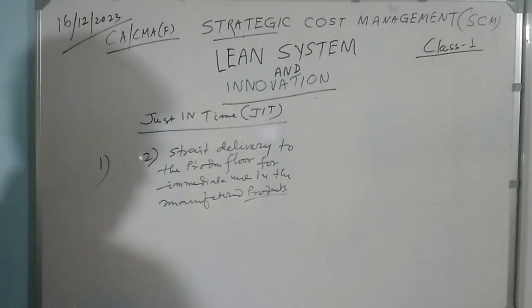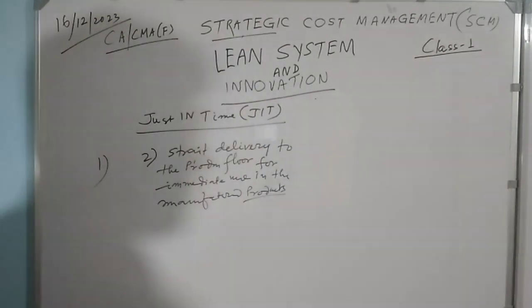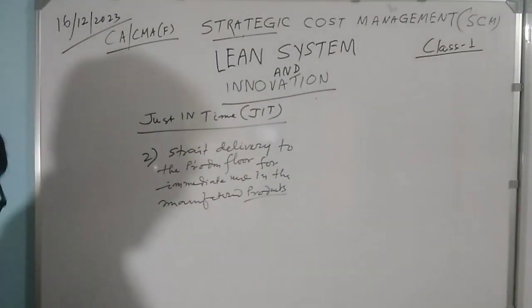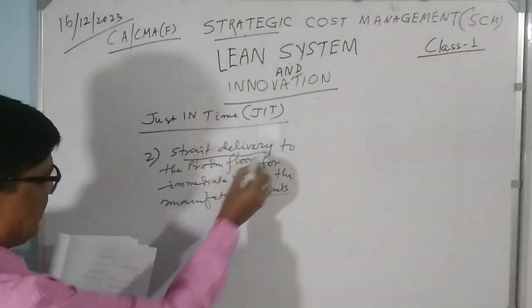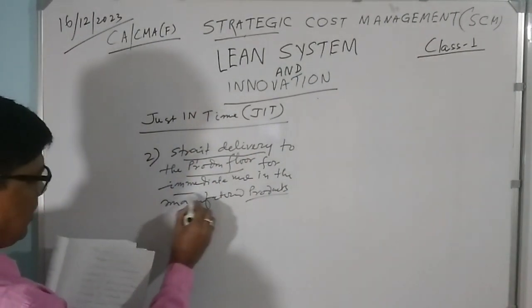See, first you got the material on the exact date and exact time, and what they are telling is that under this concept, straight delivery to the production floor for immediate use.